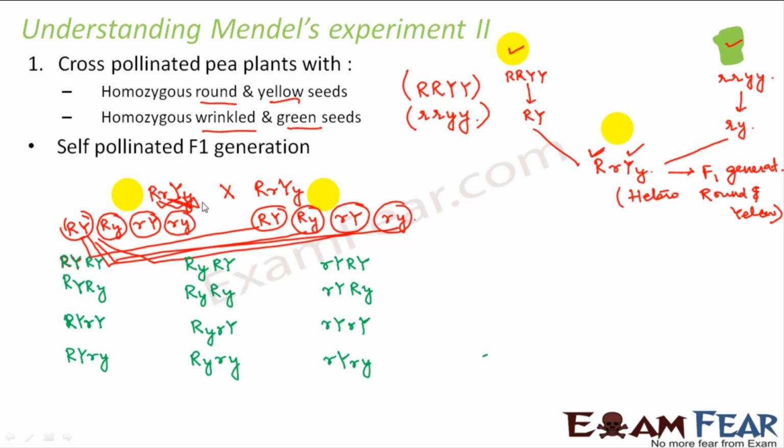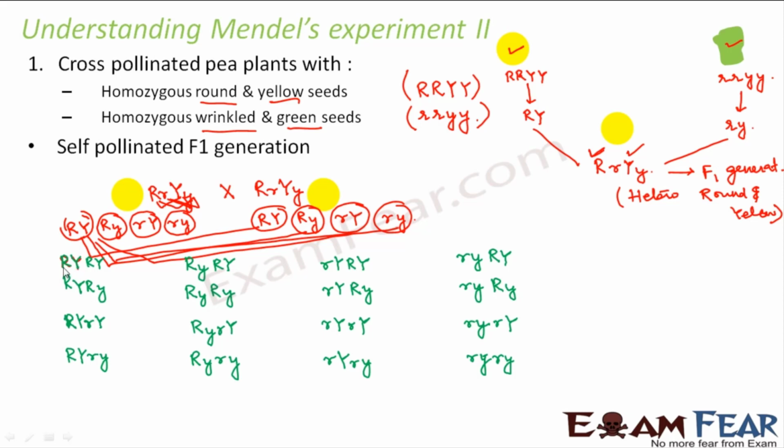Similarly, the last one can also combine with any of these, which can give rise to small r, y, capital R, capital Y, small r, y, capital R, small y, small r, y, small r, capital Y, small r, y, small r, y. Right? So these are the various combinations that are possible in these cases.